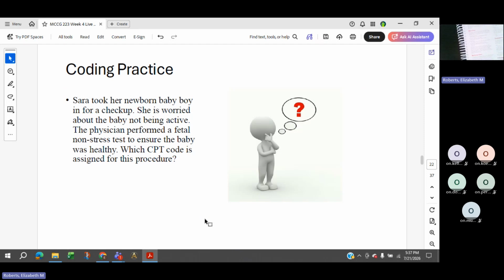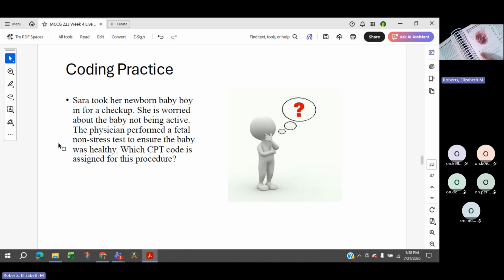One thing that is interesting about that code is, let me find it. I'm not sure about this scenario, because with a newborn baby boy, I don't think they do fetal non-stress tests for babies that are actually delivered.